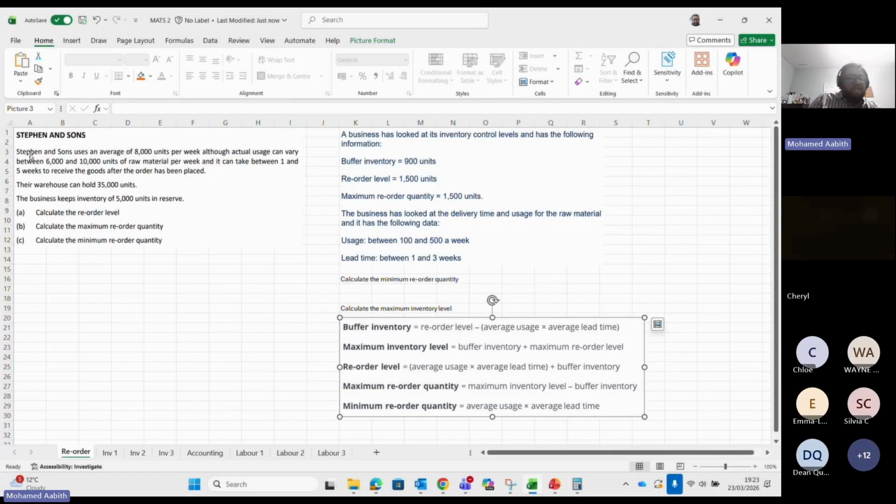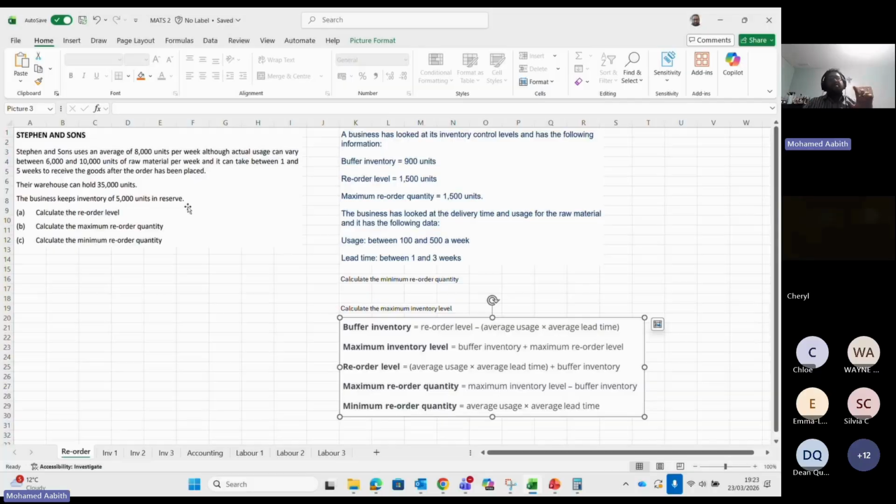Okay, so they're saying here, Stephen and Sons uses an average of 8,000 units per week, although actual usage can vary between 6,000 and 10,000 units of raw materials per week. It can take between 1 and 5 weeks to receive goods after the order has been placed. They're saying their warehouse can hold up to 35,000 units. And then they're also saying the business keeps an inventory of 5,000 units in reserve.